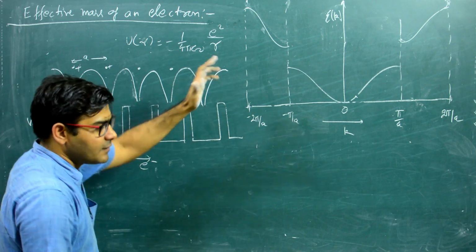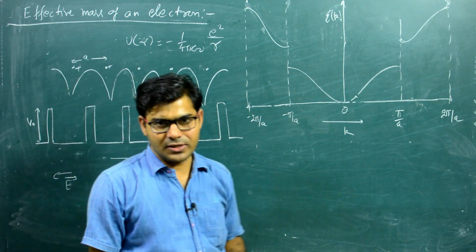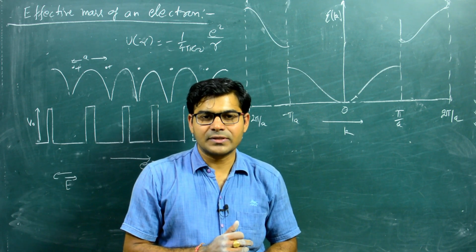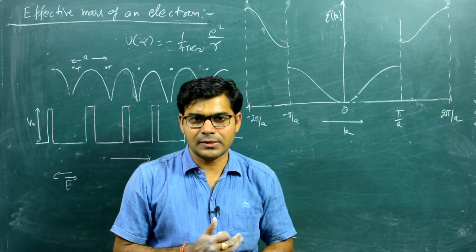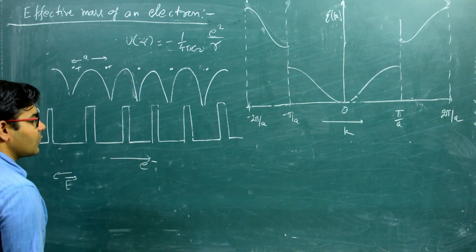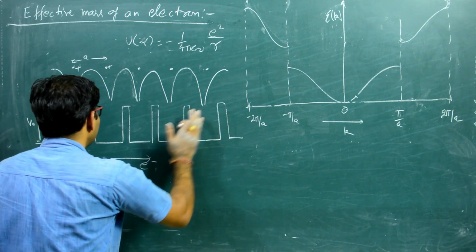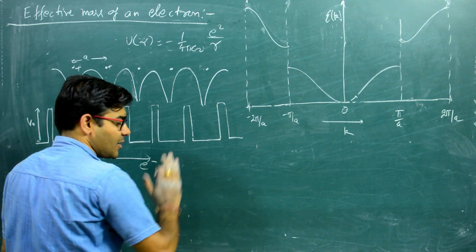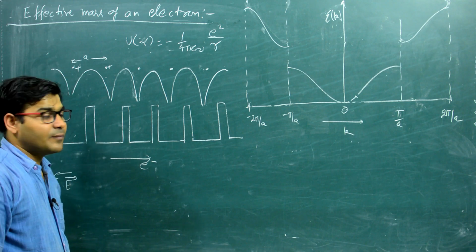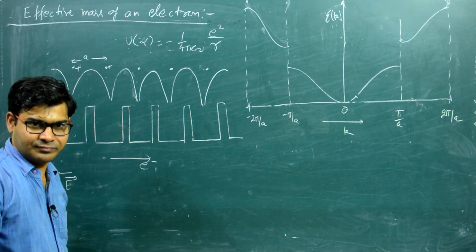So we get this kind of actual potential in the one-dimensional lattice, which was modeled by Kronig and Penney to solve the Schrodinger equation with such a potential. They gave the Kronig-Penney model, in which the actual potential can be approximated with a rectangular potential barrier, retaining the periodicity of the lattice.